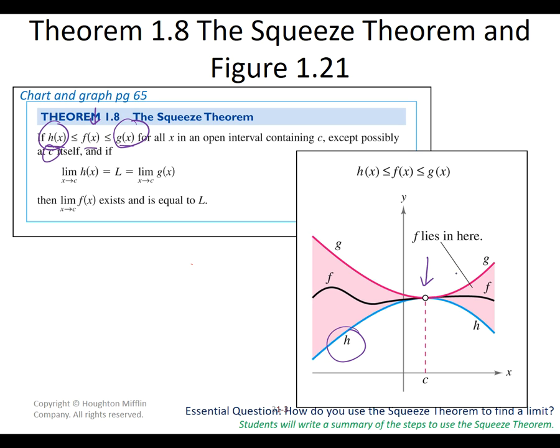We can probably plug in direct substitution. So if we can find those 2 limits of the smaller function and the bigger function, and if those limits are equal, it would only make sense that the function that's squeezed in between them would also have that same limit. Okay? So basically we're trying to find the limit of the smaller function, the limit of the bigger function. If they match, the function squeezed in between has that limit. Okay? That's the squeeze limit.